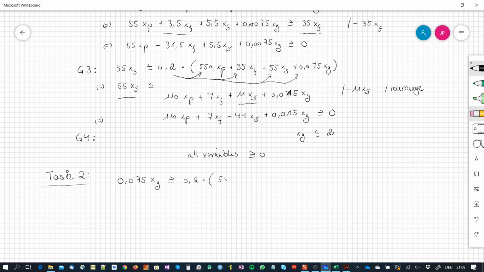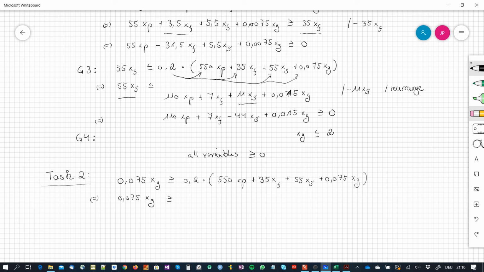So this is replicating our tax rates, our tax basis to be precise, plus 55xs and plus 0.075 xg. And now we do the same. We use algebra to make the constraint more handy to include in the model.